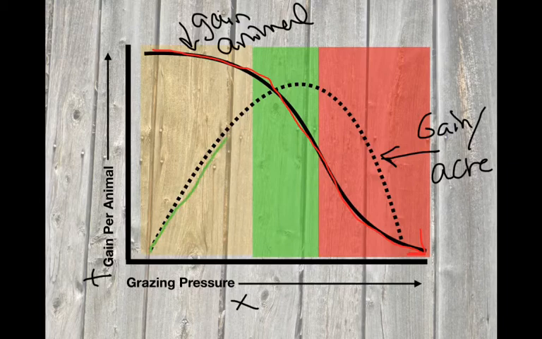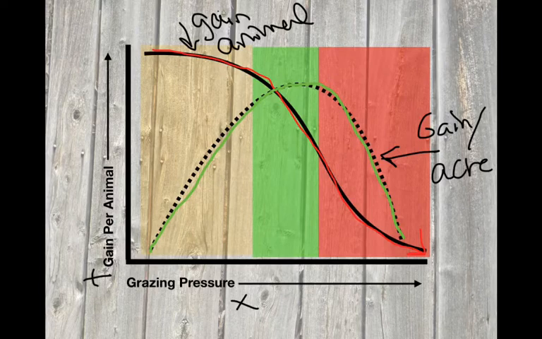We'll see gain per acre peak right in the middle here. Then, if grazing pressure gets so high that we have so many animals that they can't select anything, their gains start to drop off, and as a result the gain per acre also drops off.